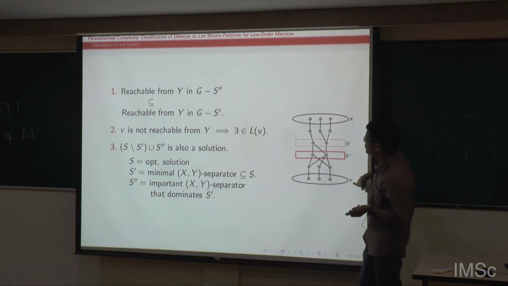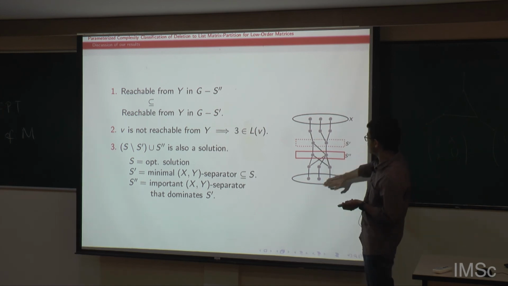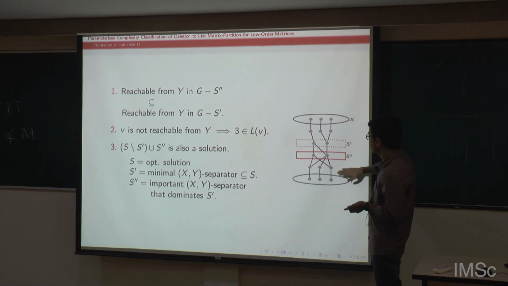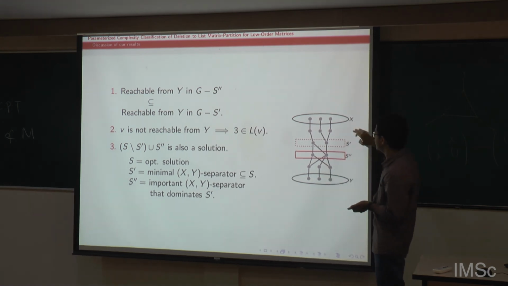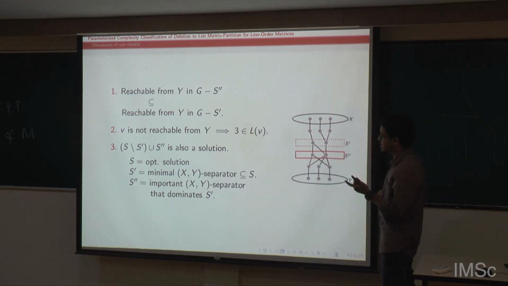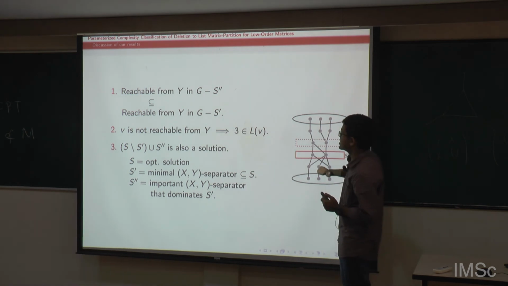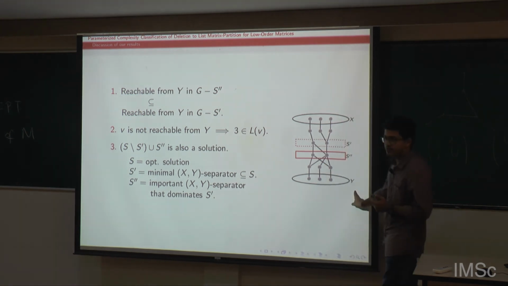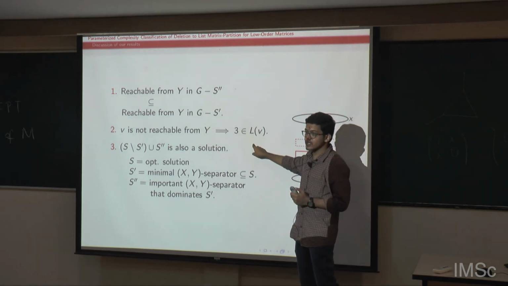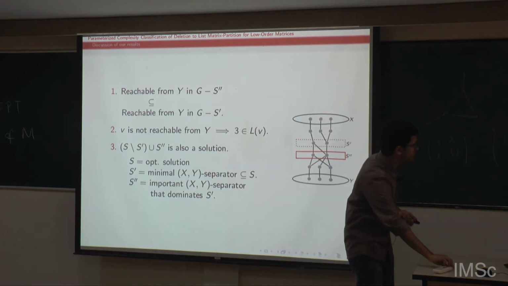So again, the things that I mentioned. The set of vertices that are reachable from Y if we delete S double prime is smaller than the set of vertices that are reachable from Y if we delete S prime. That is one thing. The other thing is that if a vertex is not reachable from Y, then it must have 3 on its list. So what was Y?